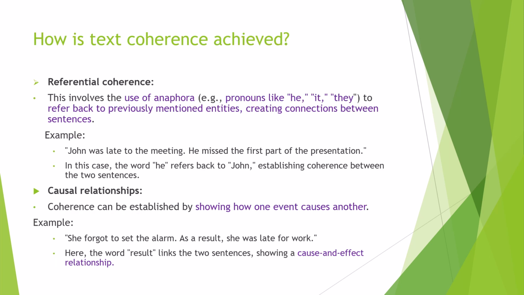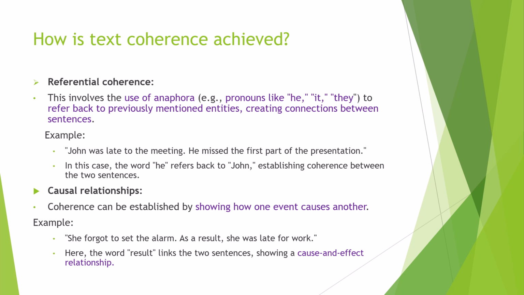So this can be achieved by applying various types of referential coherence. In referential coherence, for example, it may refer to anaphora. We can use referential coherence by identifying the anaphora.